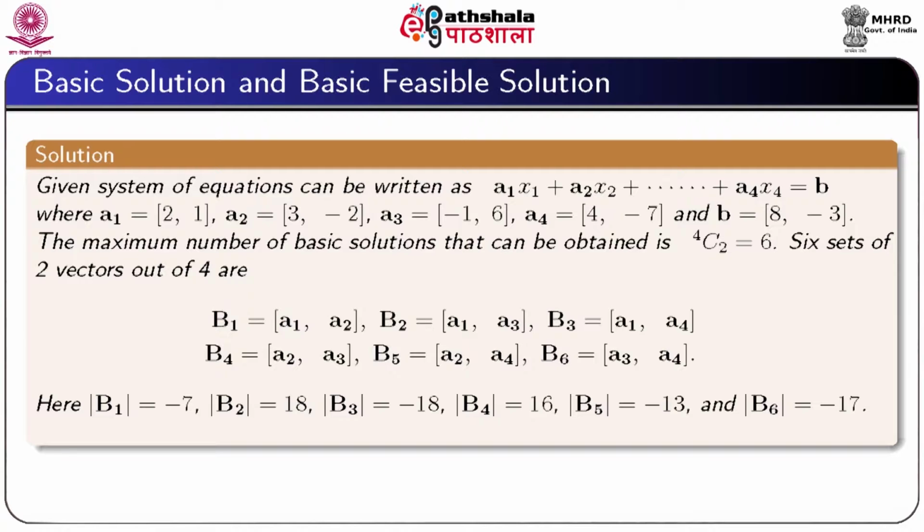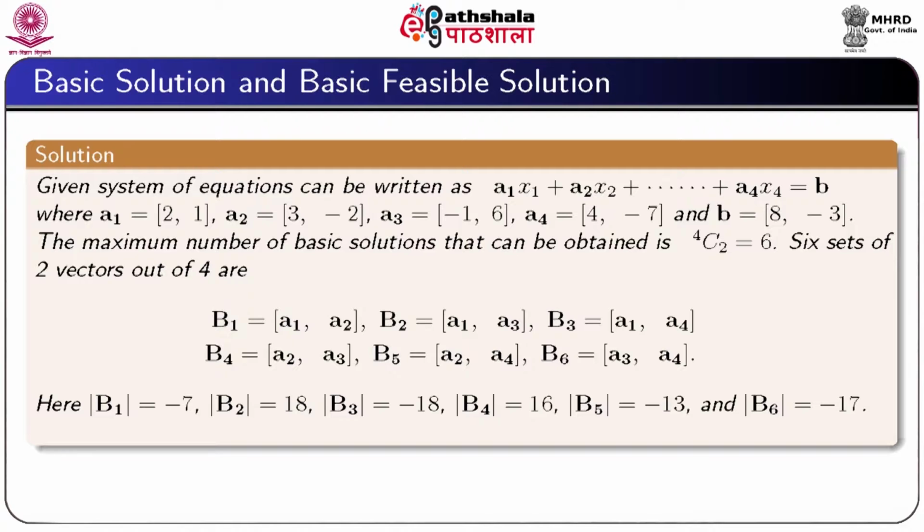We write the 6 sets of 2 vectors as B1 = (A1, A2), B2 = (A1, A3), B3 = (A1, A4), B4 = (A2, A3), B5 = (A2, A4) and B6 = (A3, A4).